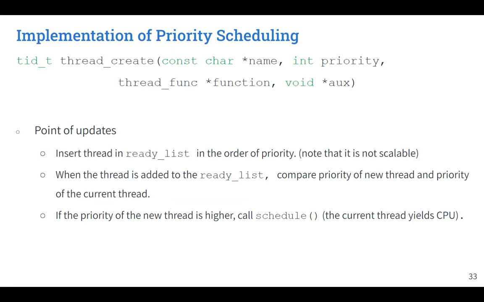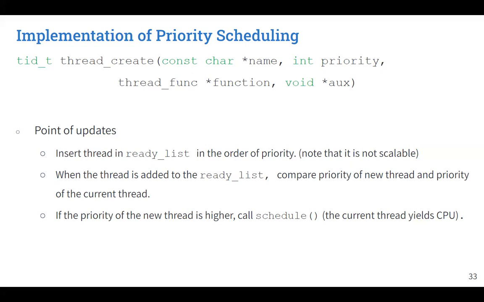So here you would have to modify thread create and make the following modifications. You would have to insert threads in the ready list in the order of priority, not FIFO. One thing to note here is that sorting threads like this is not scalable. It works because Pintos is relatively small, designed for an assignment, but you would not really do this for any production OS.